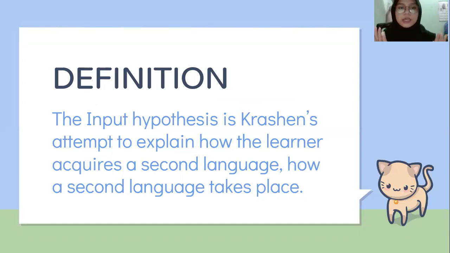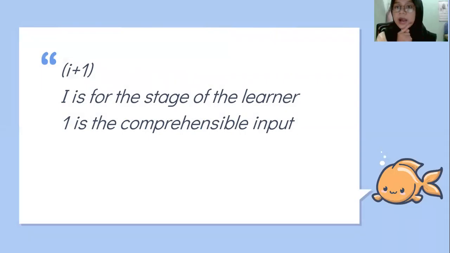So in input hypothesis, comprehensible input is very important, which will lead us to this. We have this I plus 1. I is for the stage of the learner and 1 is for the comprehensible input. And as you can see, I is for the stage of the learner. So I is where the learner is at the moment they are trying to acquire the language.